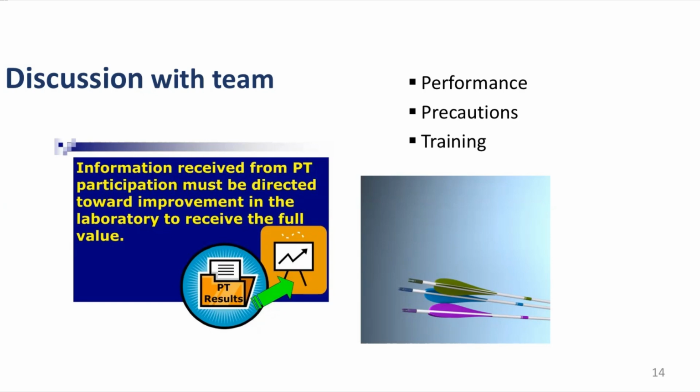If something was an outlier and after proper action it is now within acceptable limit, discuss why this thing happened in our laboratory. Is it related to reconstitution, or was there some clot in the aspiration tube, or some other thing? So now, what precautions are to be taken so that it does not happen again?